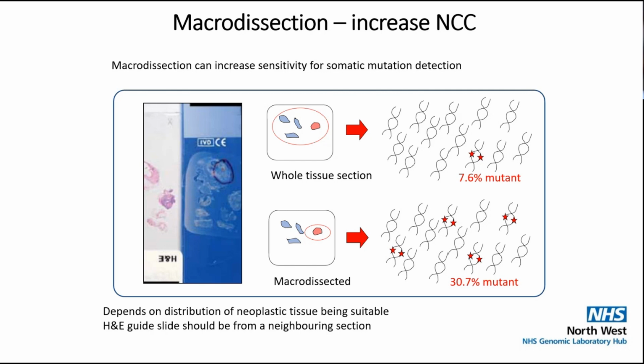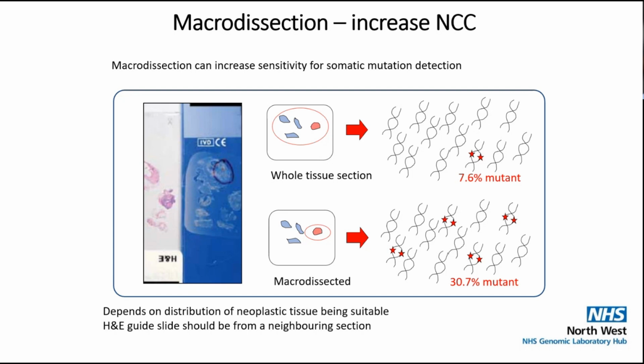If you look at this diagram, if we scrape the whole section, and only a small proportion of it were neoplastic cells, we've potentially got a mutation level of less than 10%. This is often dropping below the limit of detection of some of our assays. However, if we'd been able to scrape just that small piece of tissue that was enhanced for neoplastic cells, the mutation level would be over 30%, and it would be well within the range of our techniques to detect.